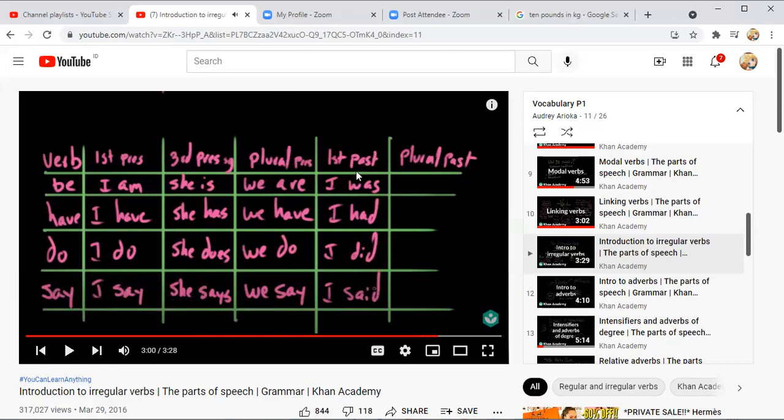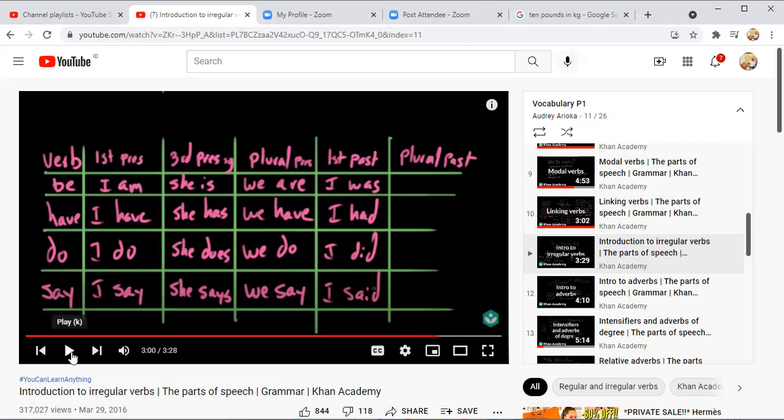Okay, for the past tense, it's actually going to be all the same. And again, it depends on what sentence it is, okay? Whether it's past tense or past future or past perfect, past continuous, it depends on that.